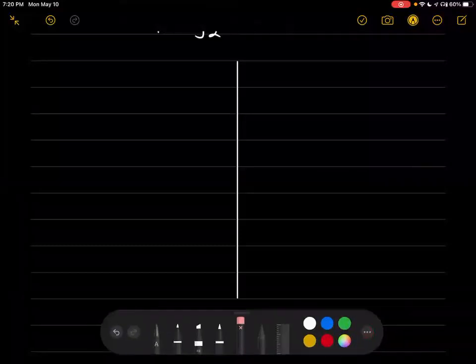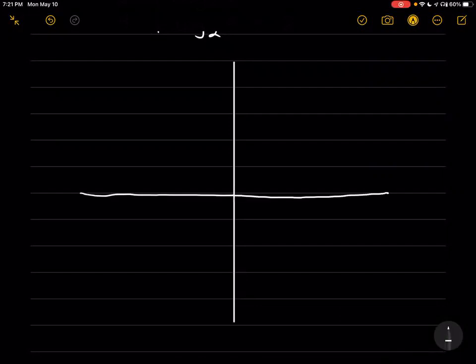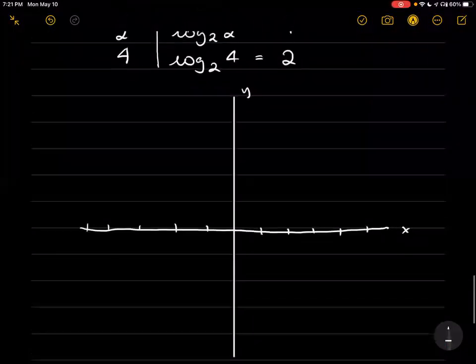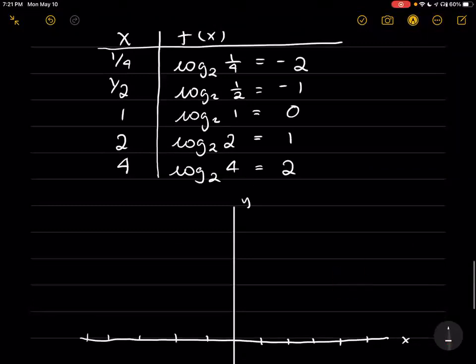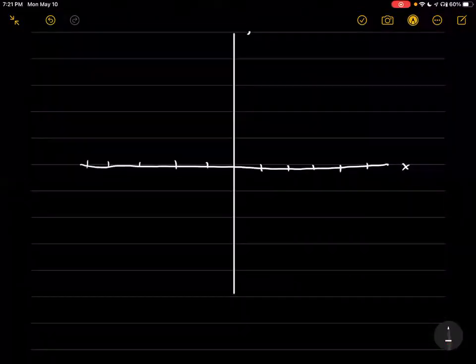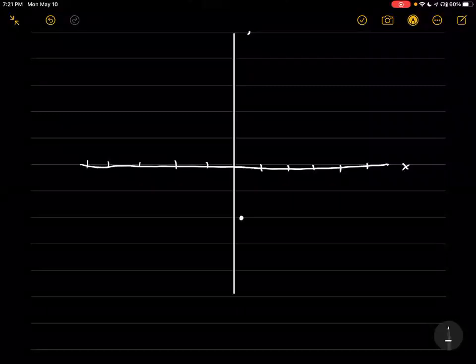I almost feel like I don't have enough room, because this graph's going to be a little big. Okay, x-axis, y-axis. All right, so if we plot our points, at x equals a quarter, we have negative 2. So that's going to be about right here. And then at x equals 1/2, we have negative 1.